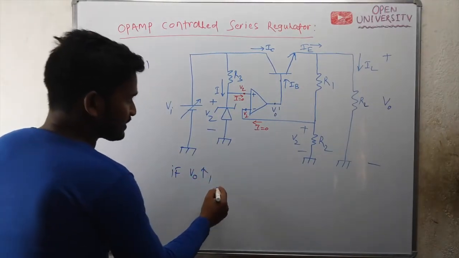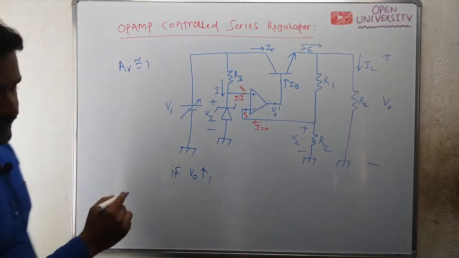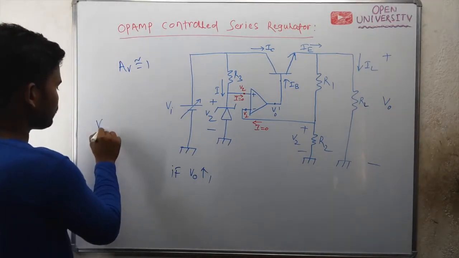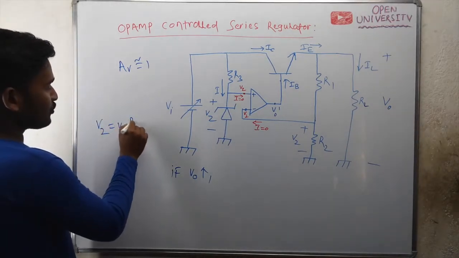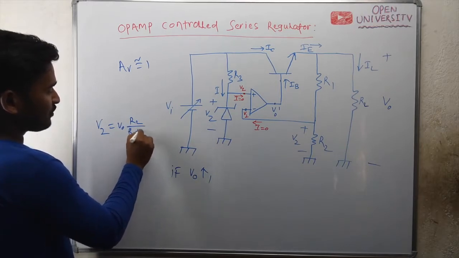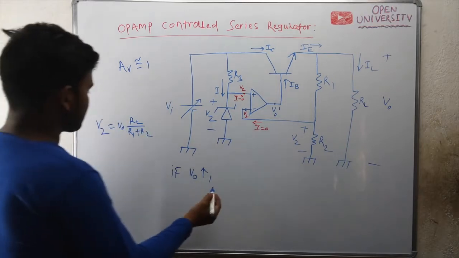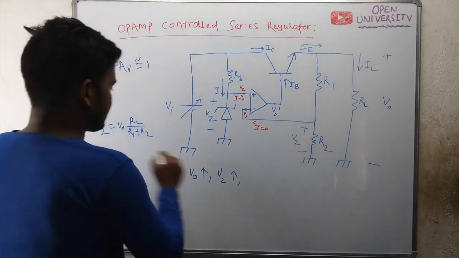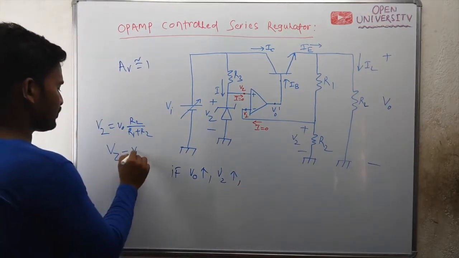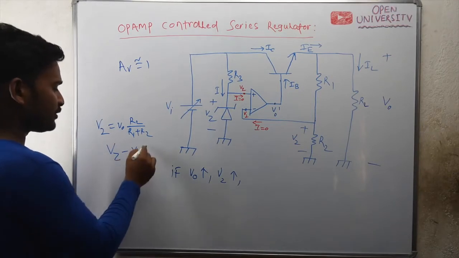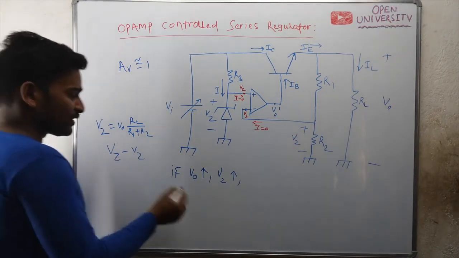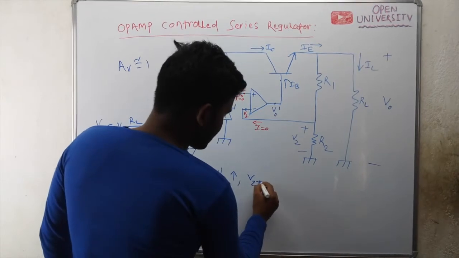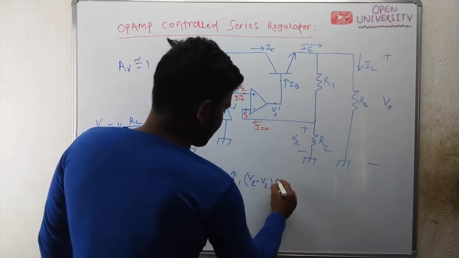If V0 increases, then V2 will increase, because V2 equals V0 into R2 by R1 plus R2. If V2 increases, then what will happen? Vz minus V2, Vz is fixed. If V2 increases, then this difference will decrease. That is, Vz minus V2 will decrease.